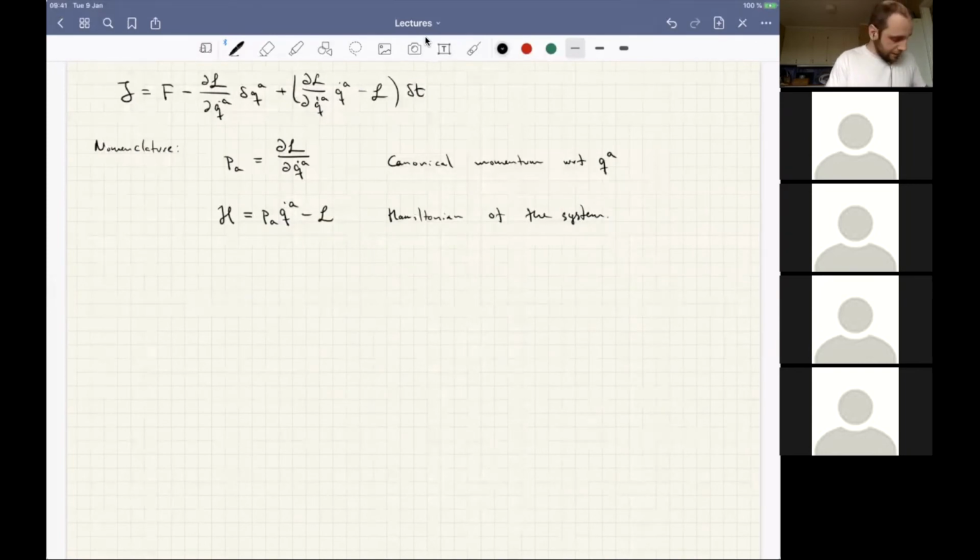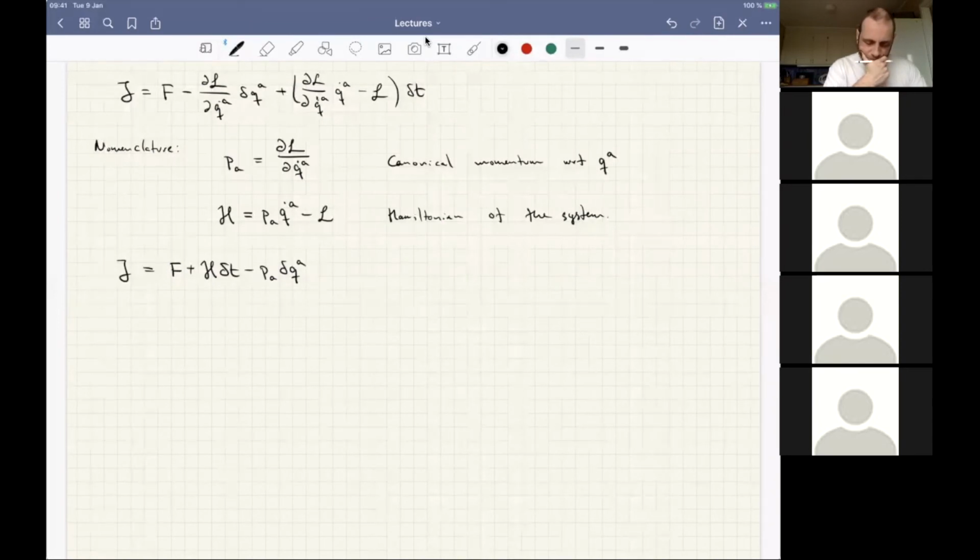So this means that if I write G in terms of these, it's going to be f plus the Hamiltonian times δt minus p_A δq_A. And that's then the conserved quantity.